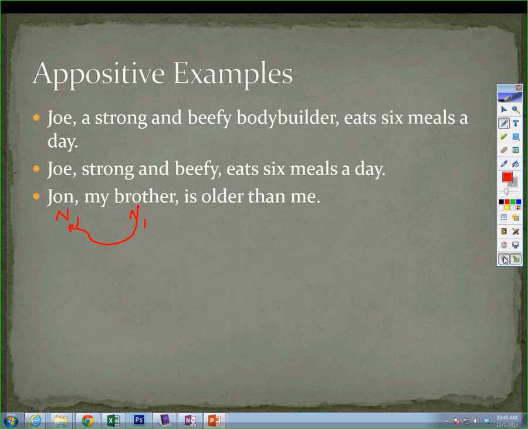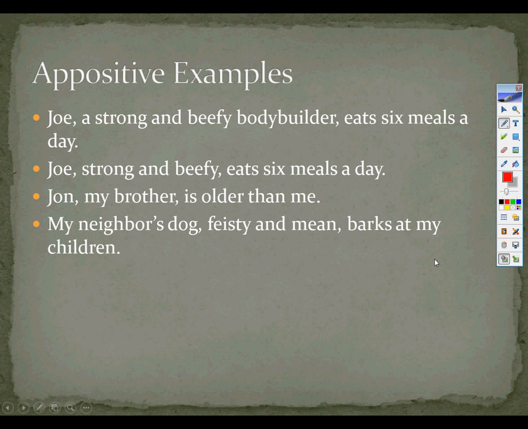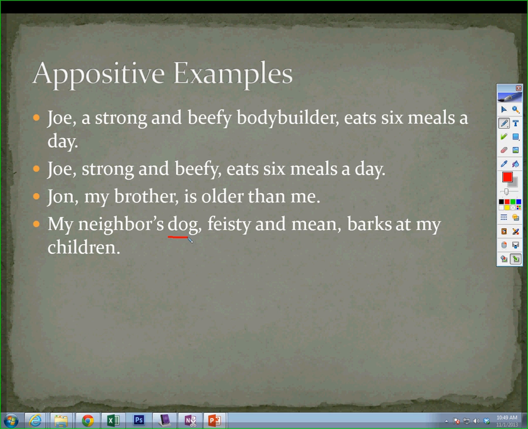Okay. Let's look at another example. My neighbor's dog, feisty and mean, barks at my children. True story, by the way. My neighbor's dog. Let's see. Dog is the noun. Feisty and mean. No noun there. So the answer is no, this is not an appositive. How would I fix that?